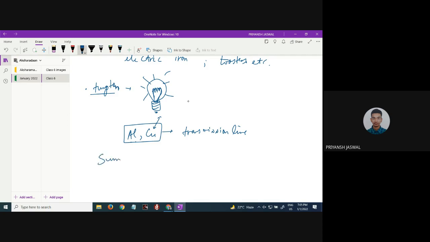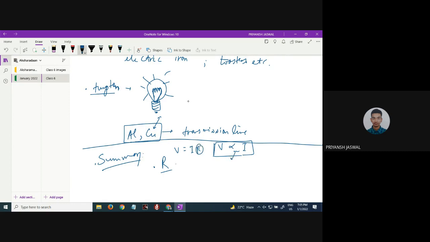So that's all for today. Let's summarize quickly. We studied electrical resistance. Before that, we studied Ohm's law, that is, the voltage across electrical circuit is proportional to the current flowing through it. So it gives a proportionality constant here known as electrical resistance.